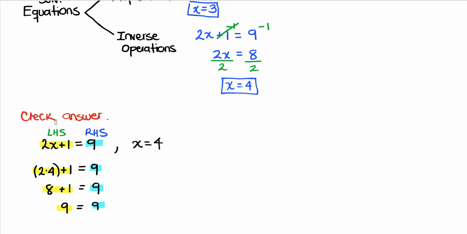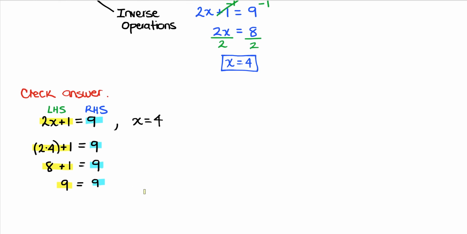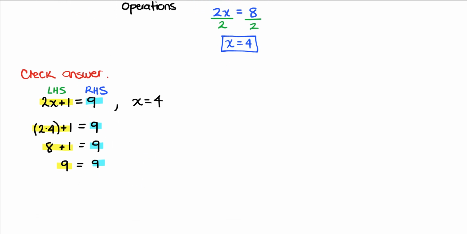Agree? And if the answer is correct, what I need to find at the end is that the left hand side is equal to the right hand side. And when I find that, that means it is true.